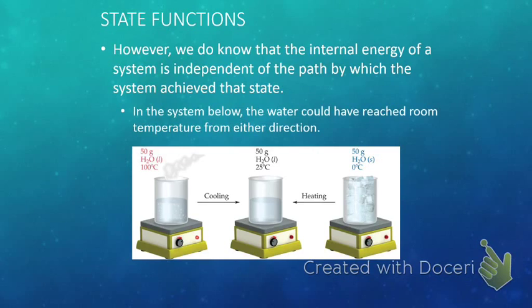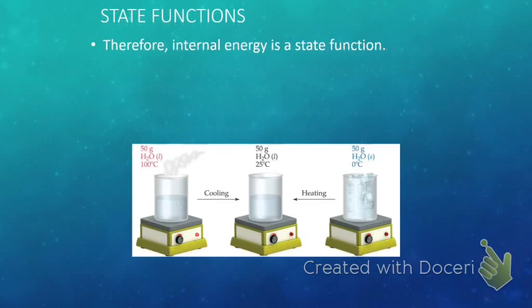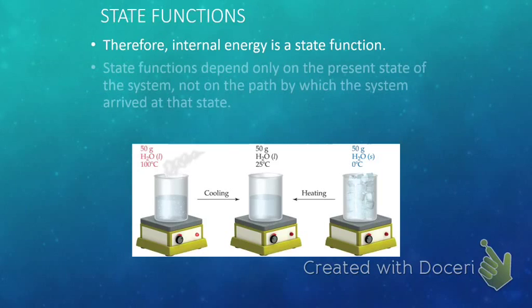So the water could have reached the room temperature from either direction. Therefore, the internal energy is called a state function. We don't know how it got to that energy state, but we just know that whatever pathway it took, it ultimately got there. And so that's why it's called a state function. State functions depend only on the present state and not on that path.